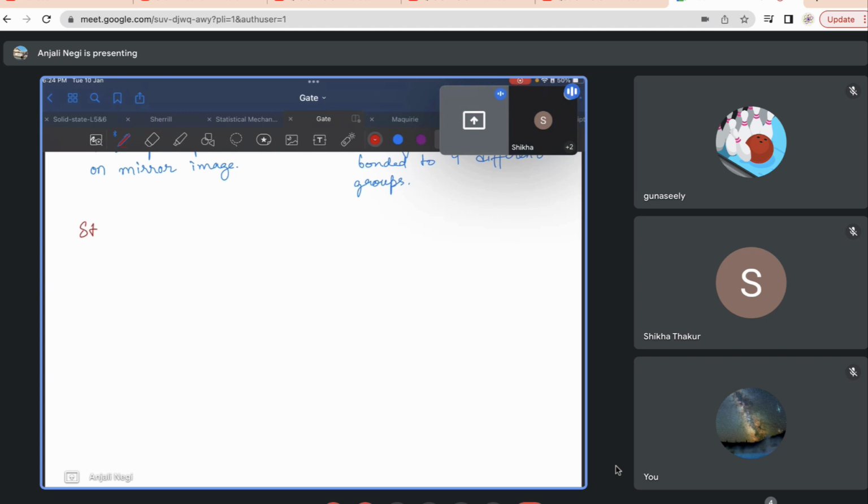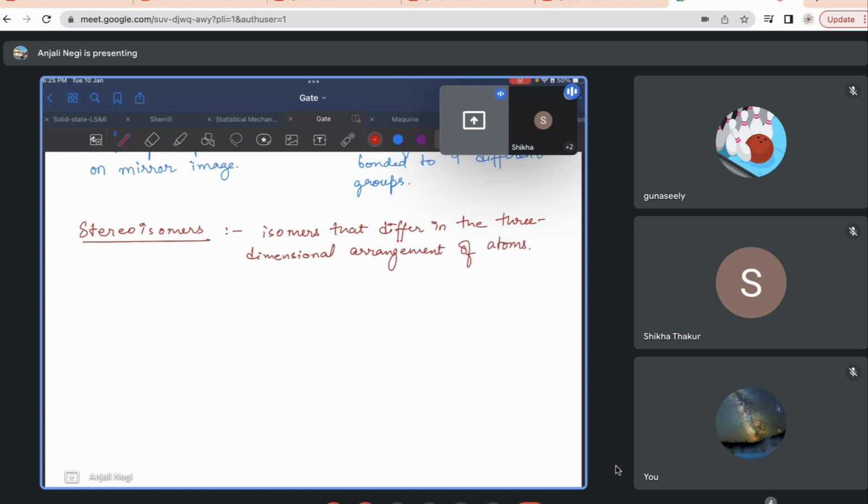Isomers can be of a variety of types, but when I say stereoisomers, that means isomers that only differ in the three-dimensional arrangement of atoms.